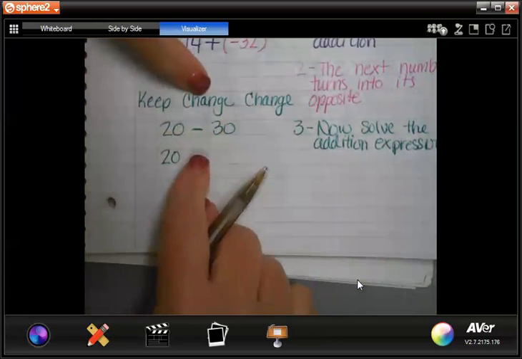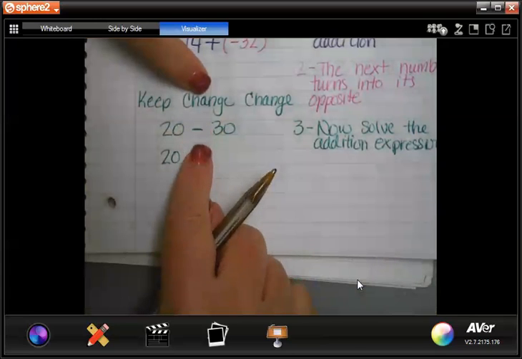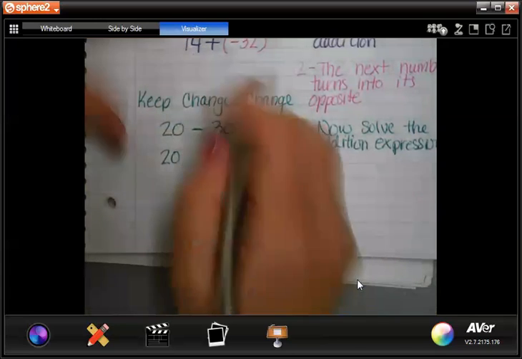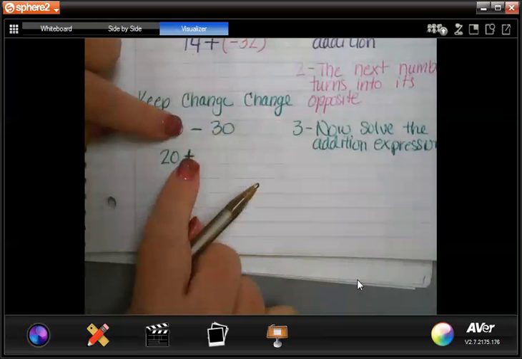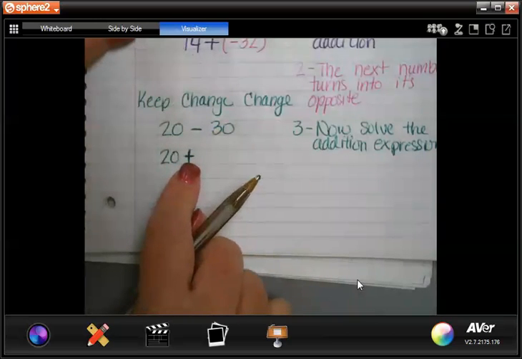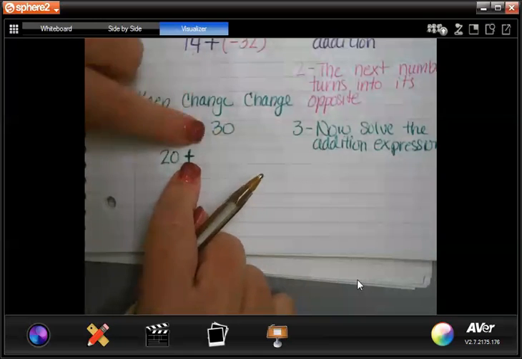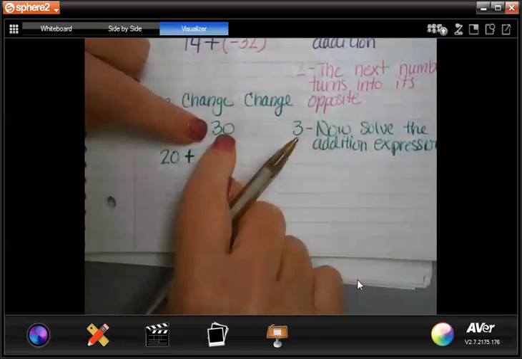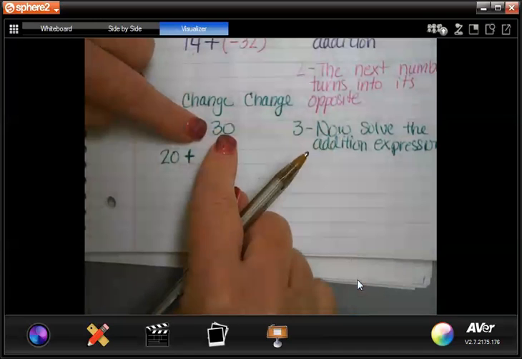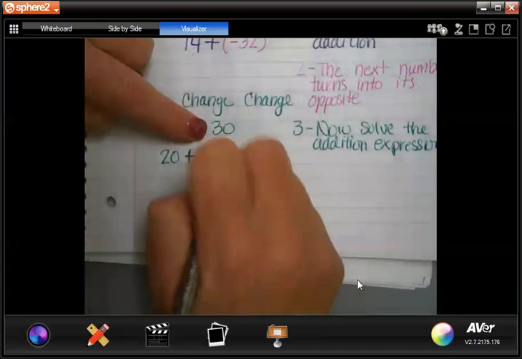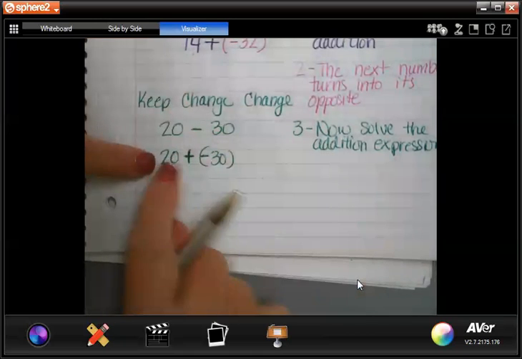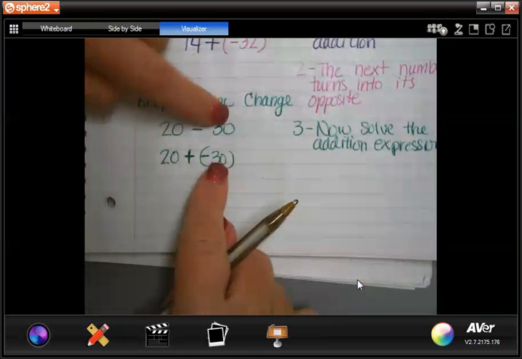Change subtraction to addition. Okay? Then we're going to change the next number into its opposite. Keep, change, change.